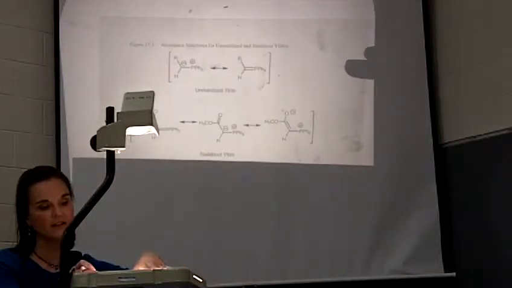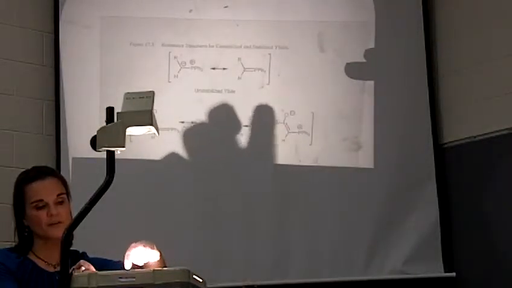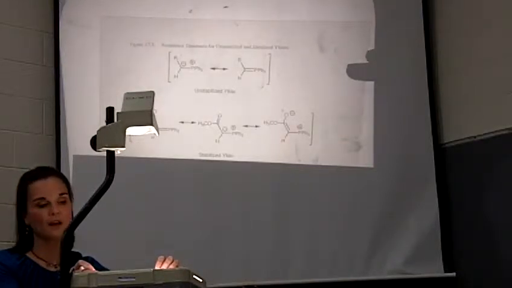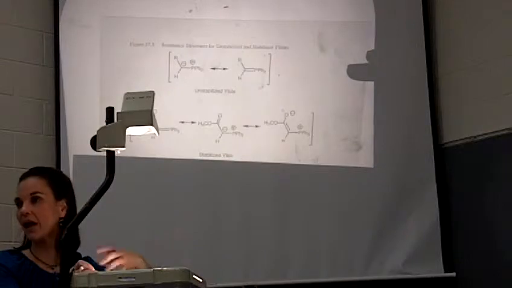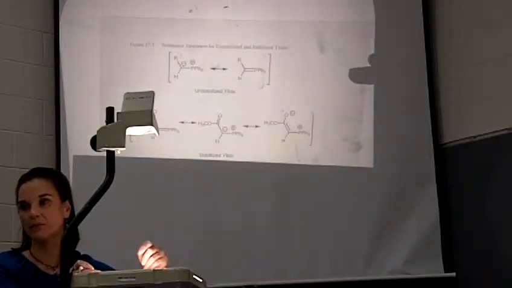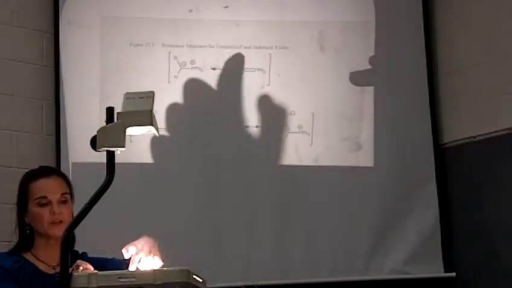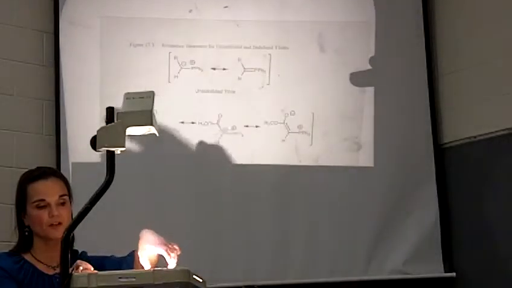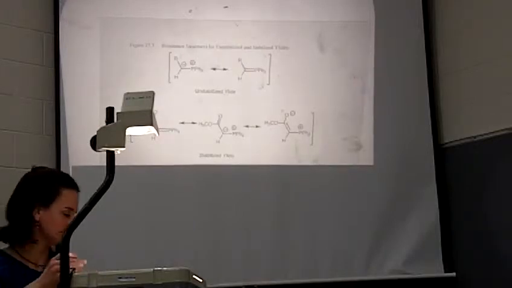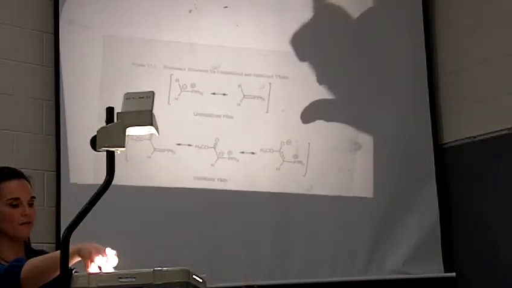When you have a stabilized ylid, you've got these two forms, but also you can have resonance with that electron withdrawing group that is off that carbon as well. Okay, and so then the more resonance structures you can draw, just like with anything else, the more stable it's going to be. Okay. So just know between these two, we've got two resonance structures here. We've got three here because of that electron withdrawing group. Okay. And so, like I said, this is straight out of your lab manual.